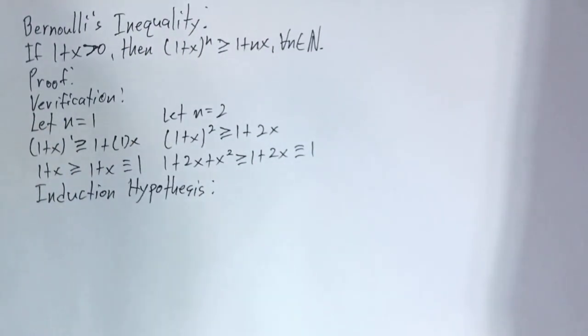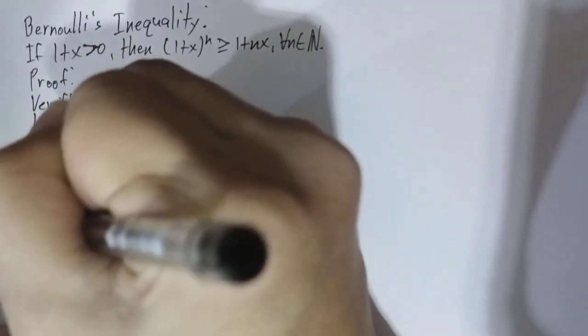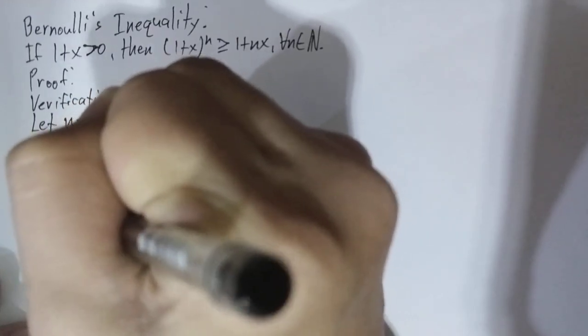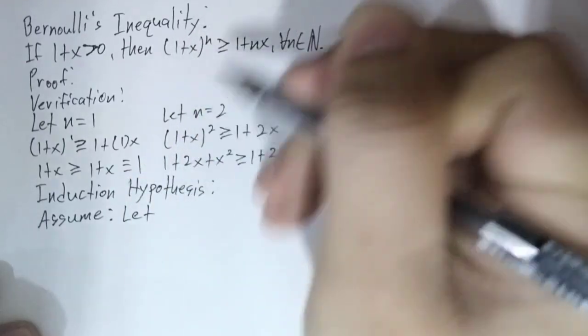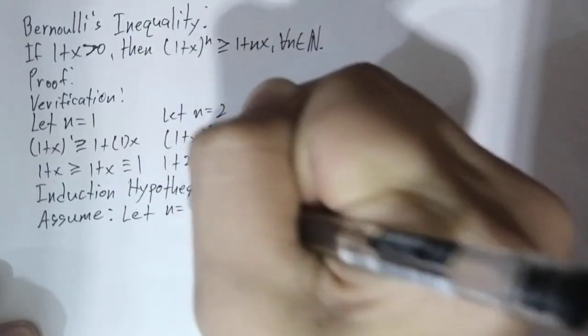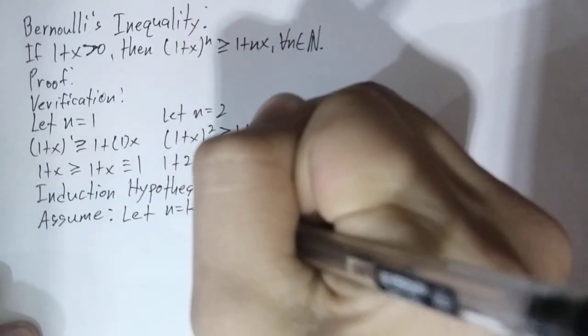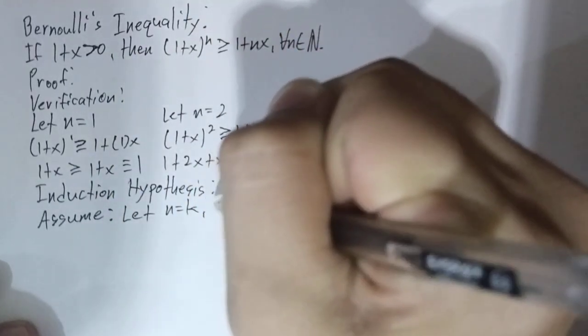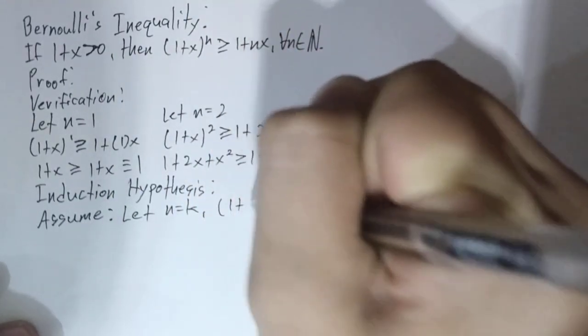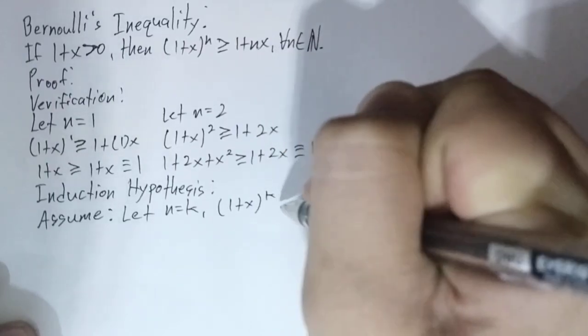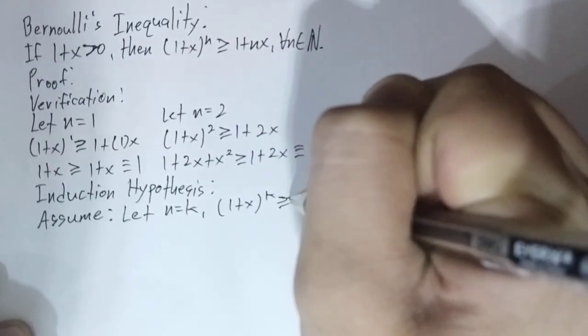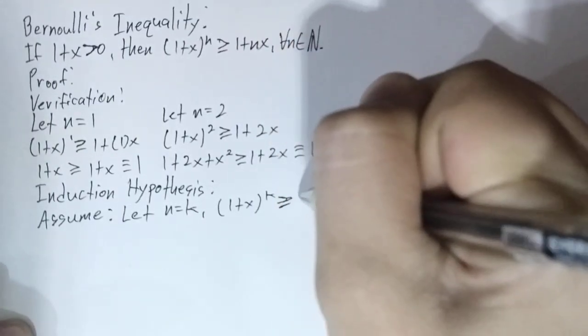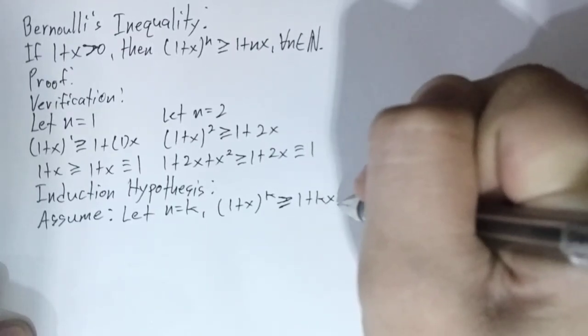Now in our induction hypothesis, let us assume that if we let n be equal to k, you would see that (1 plus x) raised to k is greater than or equal to 1 plus kx, correct?